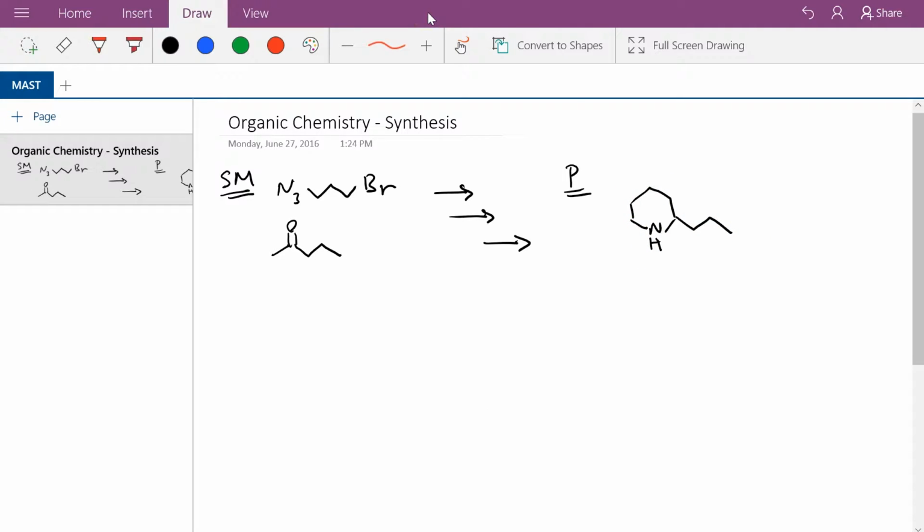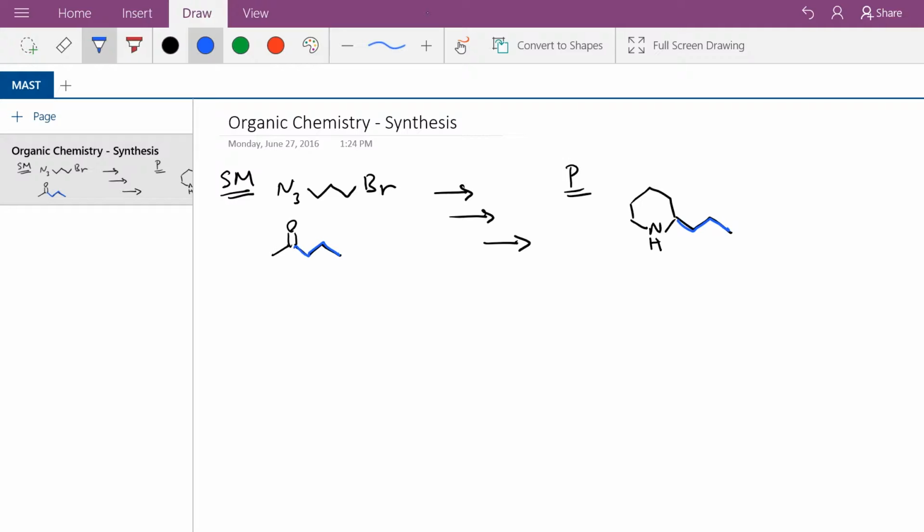So the first thing I like to do is look for similarities between your starting materials and your product. And it's not that obvious in this case because you have two chains and you have a ring molecule as a product. But if you look closely, you can see that this here in blue is similar to this here in the starting material.